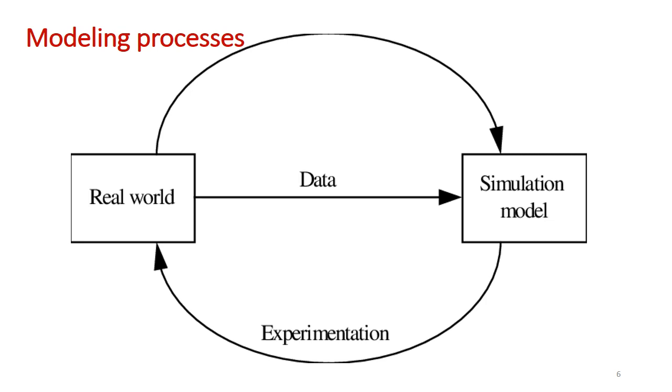In most cases we need to make our model very close to real life. So we run experiments, and then we try to match the experimental results with the simulation results, so we can make our model really match real life, and then we can use it to understand the situation or run prediction scenarios, and so on.